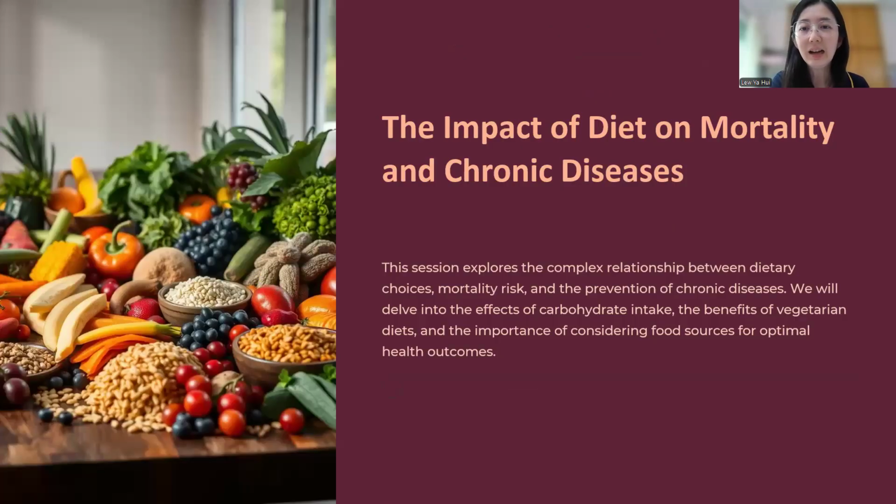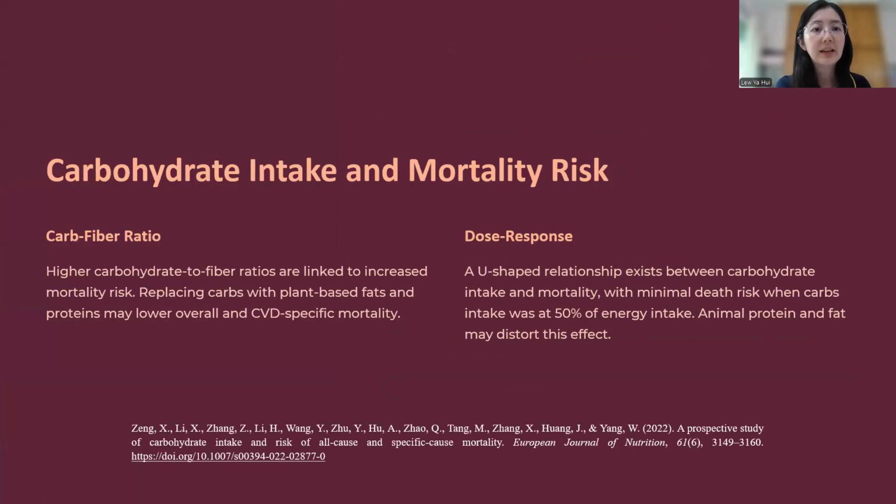Now come to what kind of carbohydrate diet will cause mortality and chronic diseases. This will talk about some of the vegetarian diets and also how we consider food sources for our optimum health outcomes. Some of the research shows that eating more carbs compared to fiber was linked to higher risk of death, if you choose only carbs but not fiber.